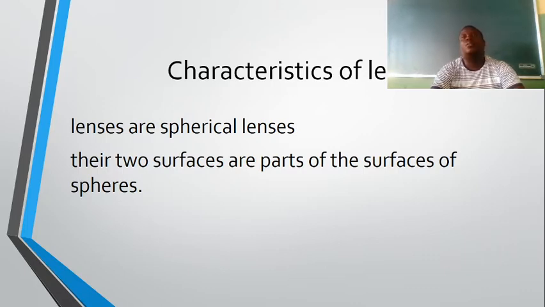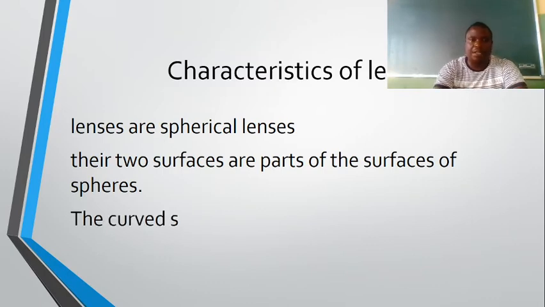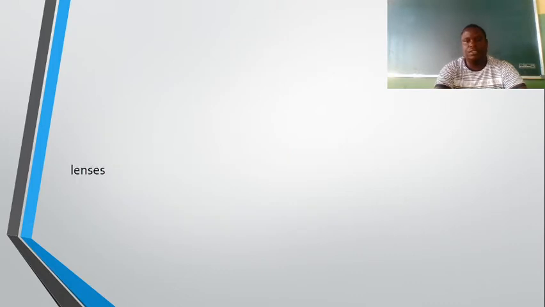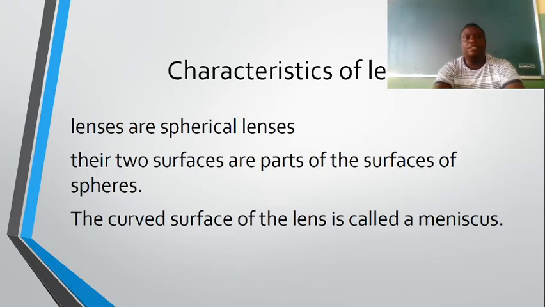I'm going to draw it here. They have two parts, each a part of the surface of a sphere. The curved surface of the lens is called a meniscus. So you will see here, this is what I'm talking about. The two curved surfaces are what is called the meniscus.